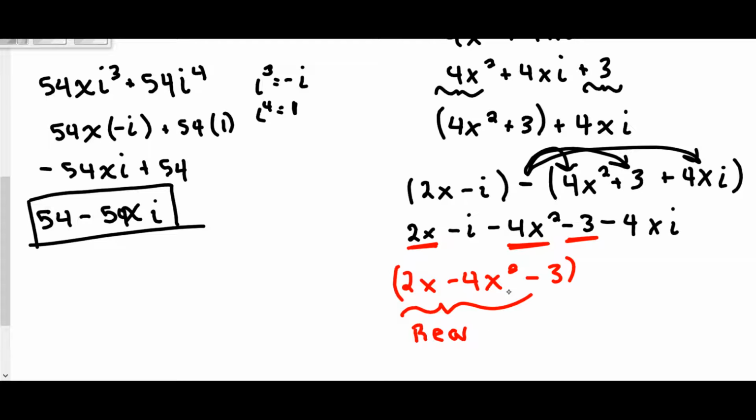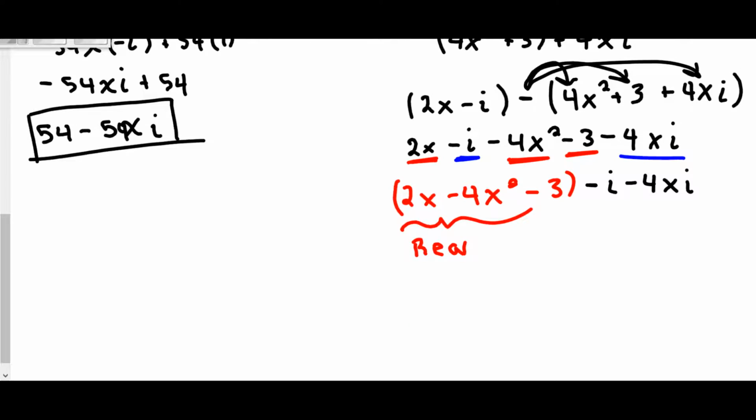And there's no i's attached to it, so it's not imaginary. And now we're just going to combine our imaginary components. So negative i is imaginary, and negative 4xi is imaginary. My imaginary component, they all share an i. So I'm just going to factor that i out.